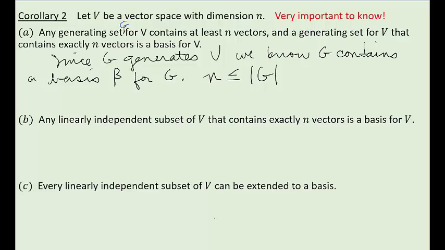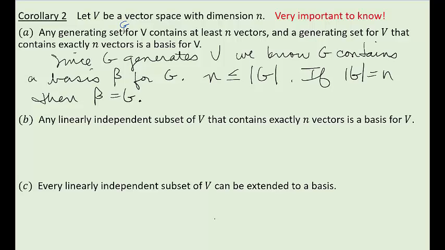So n is less than or equal to the number of elements in G. And if the order of G, or the number of elements in G, is equal to n, well, then beta is equal to G.